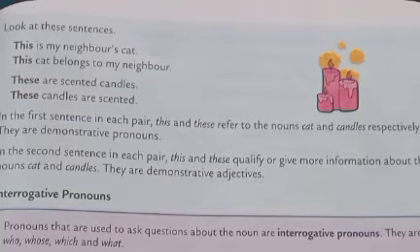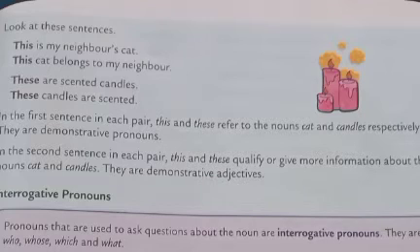Let us see the two second sentences. This cat belongs to my neighbor. These candles are scented. Here we are giving more information about the subject or noun. That means we are giving more information about the nouns cat and candles.